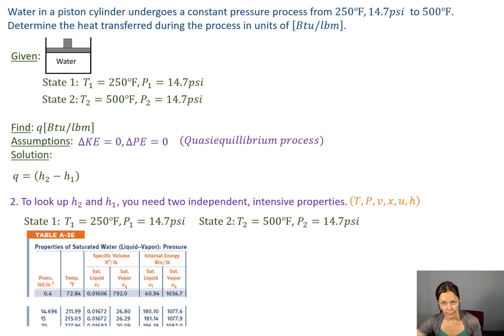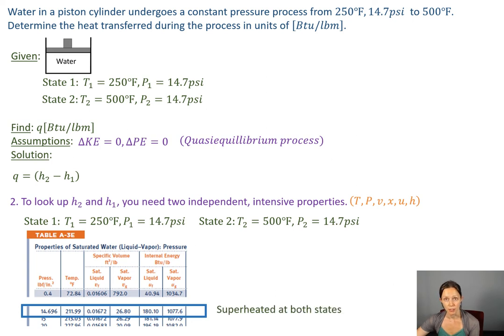So I'm going to go to my saturated tables and just see what phase I'm in. And if I look at my saturated tables at 14.696, which is pretty close to 14.7, I'll see that the saturation temperature is 211.99 degrees Fahrenheit, probably about 212 for 14.7 psi, and I'm above that temperature in both states. So I am absolutely superheated.